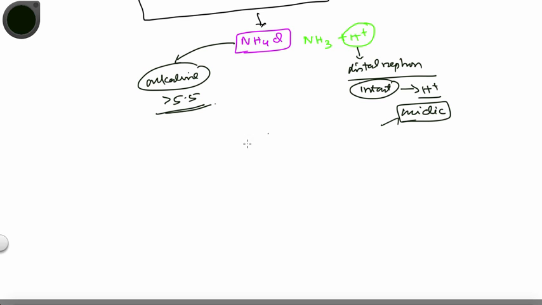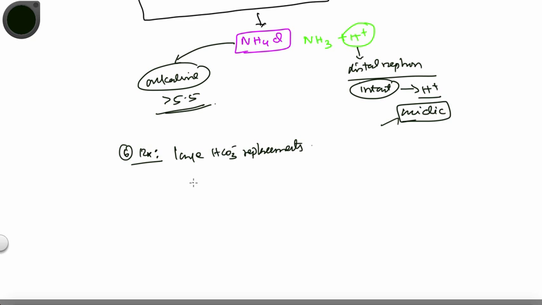And apart from that, among the treatment part, the bicarbonate levels in distal renal tubular acidosis tend to be less than 15. It's a very severe metabolic acidosis, and you need large bicarbonate replacements per day.